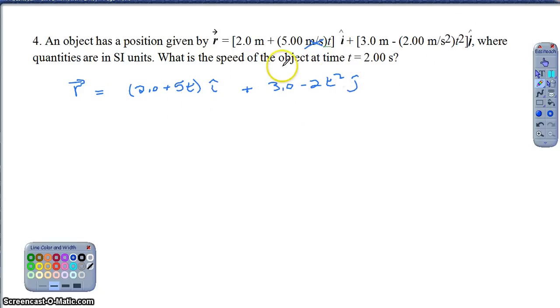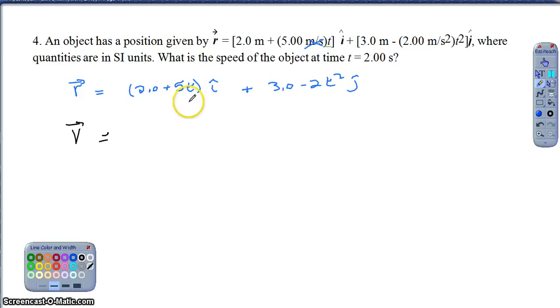They ask me what is the speed of the object at 2 seconds. Well, to find the speed I don't want the position function, instead I want the velocity function. So I simply have to take the derivative of my position function. And the beautiful part about this is I simply do the derivative of each of these functions on their own, because we know that the horizontal measurements and the vertical measurements are separate.